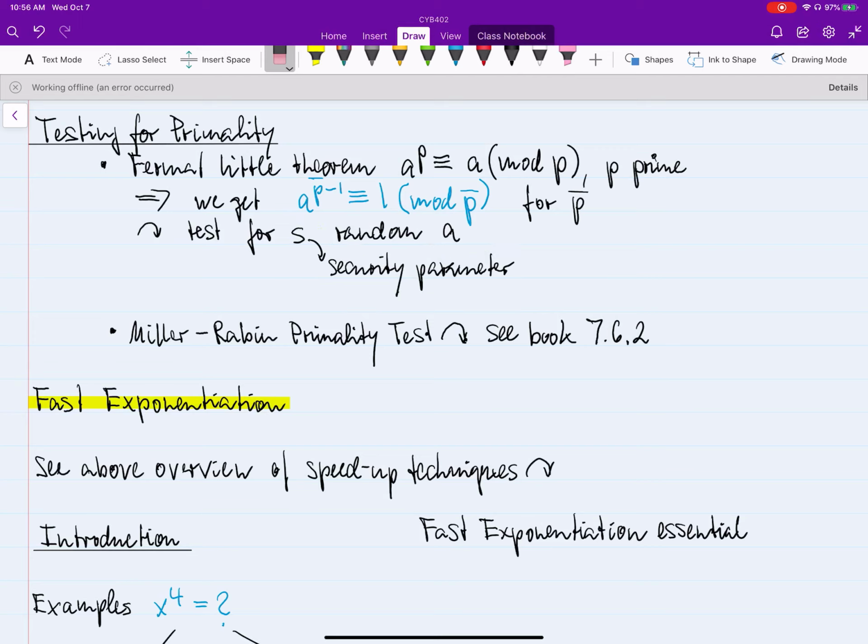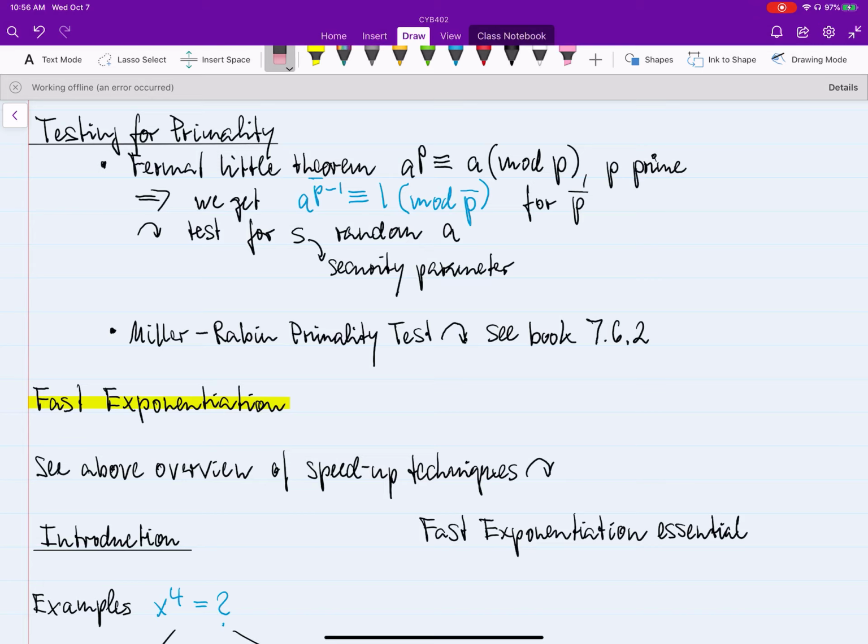So there's a glitch, however. There are very, very rare numbers. So the likelihood to hit such a number p dash, and check it, is very, very rare.